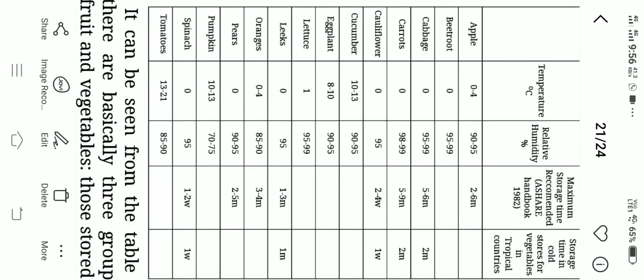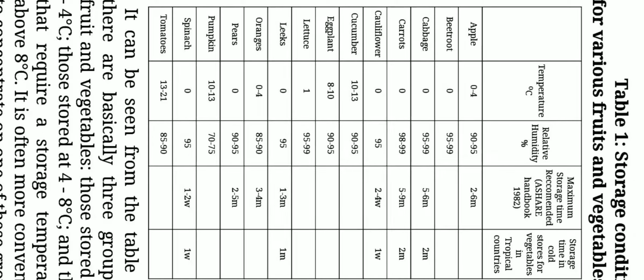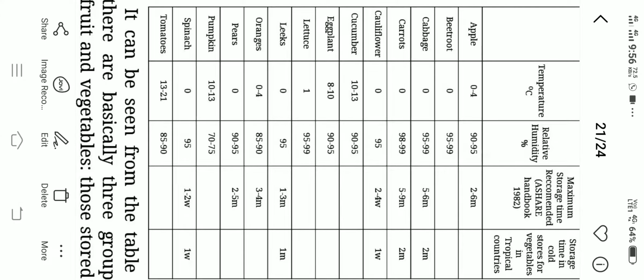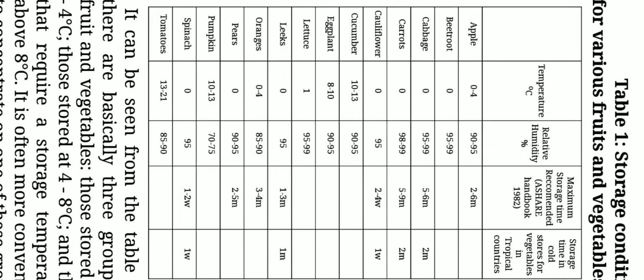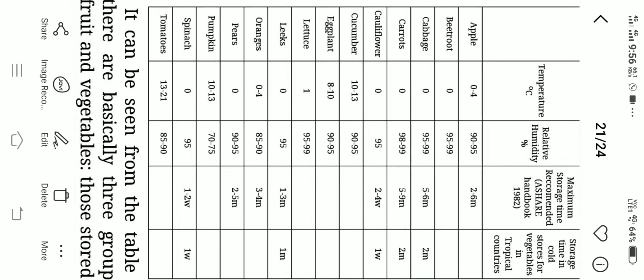Then cabbage, like that. Storage time is 2 to 6 months for apple, and for cabbage 5 to 6 months it can be stored. Then in tropical countries like ours, the cabbage can be stored for 2 months.